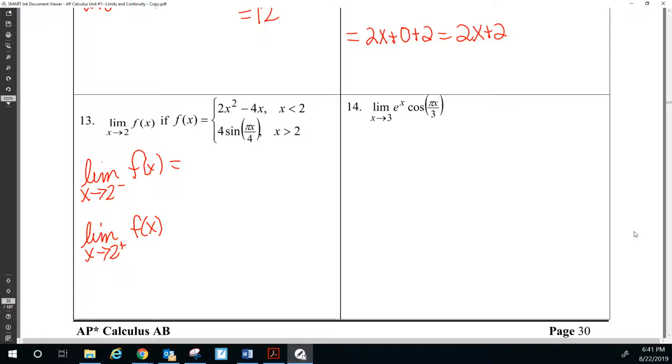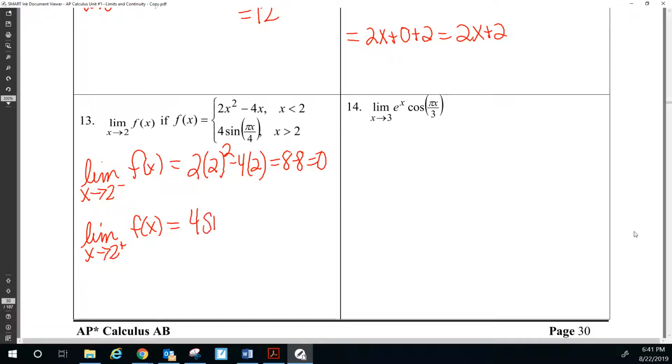If I'm coming from the left-hand side, that's when x is less than 2, and I plug it into the top one. So 2 times 2 squared minus 4 times 2. 2 times 2 times 2 would be 8, minus 8, which is 0. For the right-hand limit, I'm going to plug it into the bottom one because that's when x is greater than 2. So we'd be approaching on this equation.